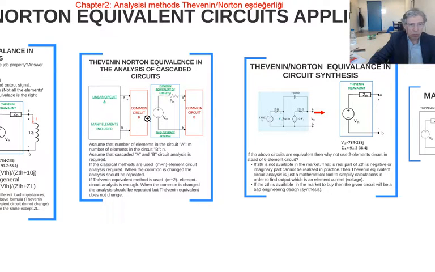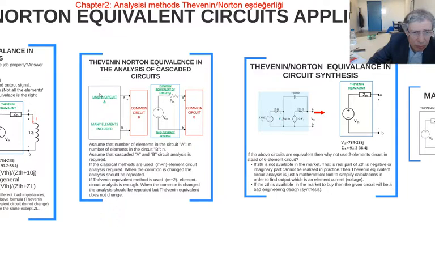So what you're going to do, if you don't use any new concept, let's say in the classical methods, A circuit has got M elements, and B circuit has got N elements.